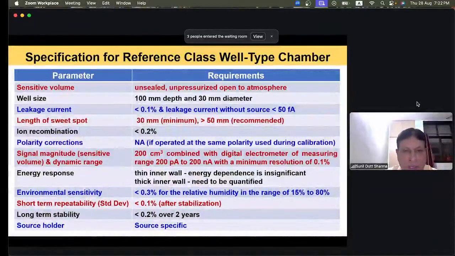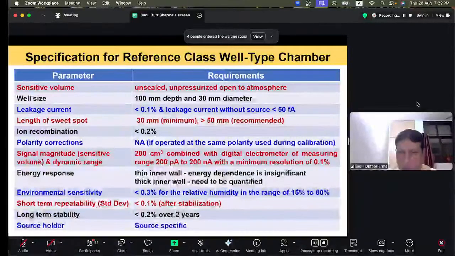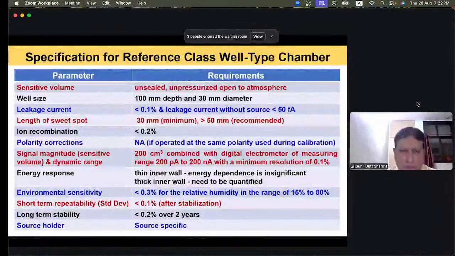Leakage current should definitely be less than 0.1% of the current obtainable from the sensitivity of the detector, and with source and without source it should be less than or equal to 50 femtoampere. Length of the sweet spot. I hope all of you are aware, whenever you find out the response or sensitivity of the different points inside the bell, one of the points or a group of points in close vicinity gives the highest response.